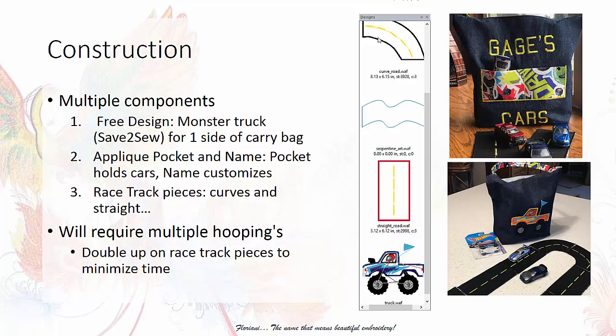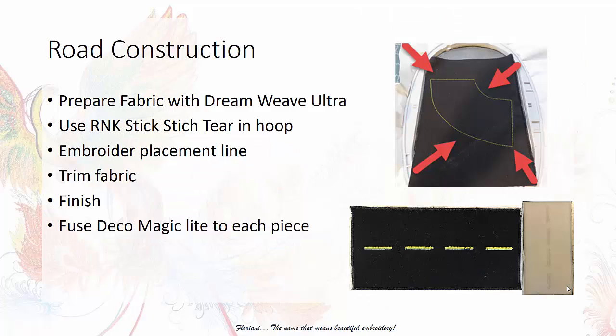You will have to do multiple hoopings in the project. So you've got one hooping right here to do the front of the bag. You've got another hooping right here to do the back of the bag. And then however many hoopings you need in order to do the pieces. As I said, double up on the racetrack pieces to save time.